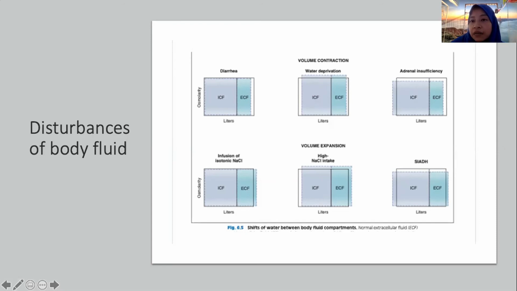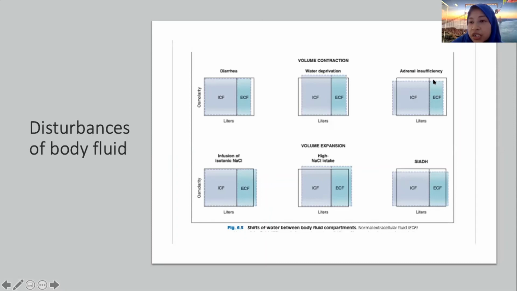In adrenal insufficiency, you lose both water and sodium, and we call it hypoosmotic contraction. What happens here is that the osmolarity of the ECF is reduced.